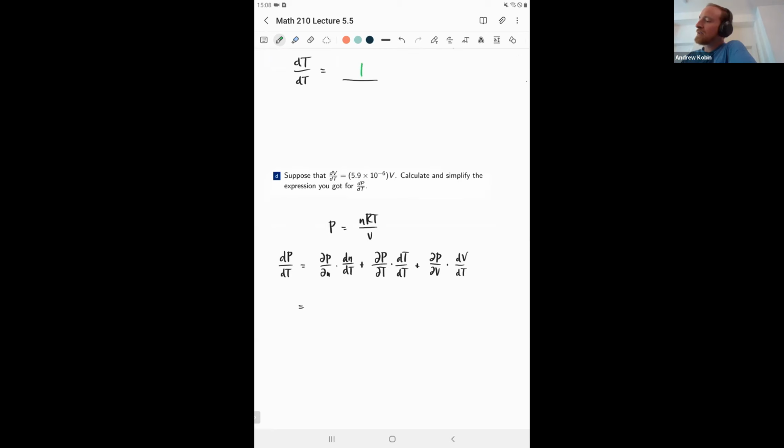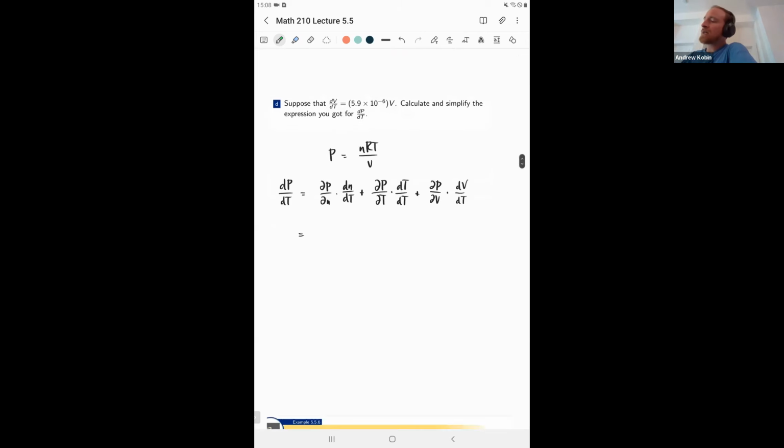Let's work out the original dp/dt rate of change that we were asked about. And I just wanted to remind you that p is a function nRT over v, so that when we compute certain partial derivatives, we have this in front of us. So whatever the partial of p with respect to n is, I know that this expression is 0.